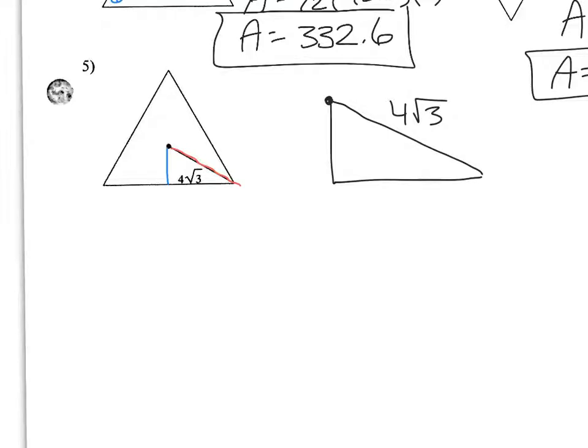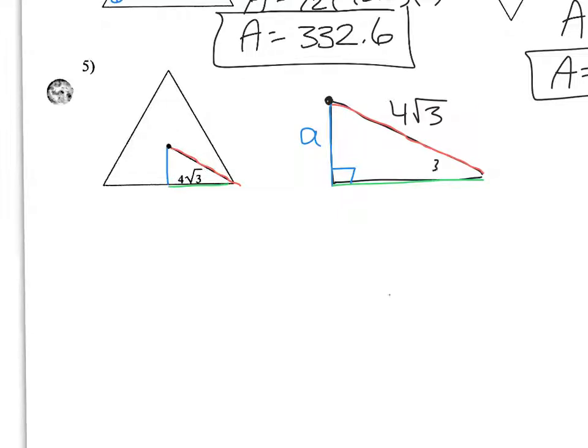So this is our red side here. And here, that's our apothem. That's our A. So we've got to find that. Plus I'm going to have to find this side right here, because we're going to need that in order to get perimeter.